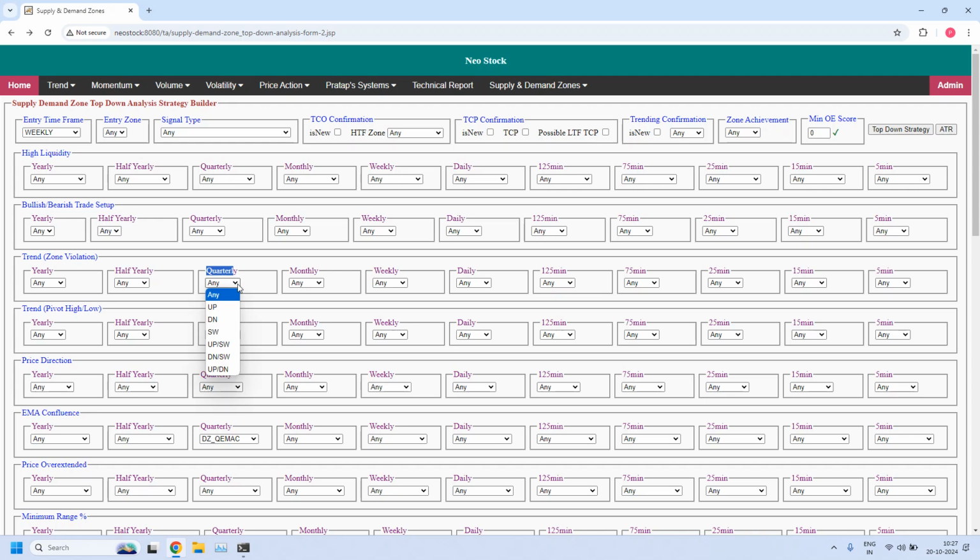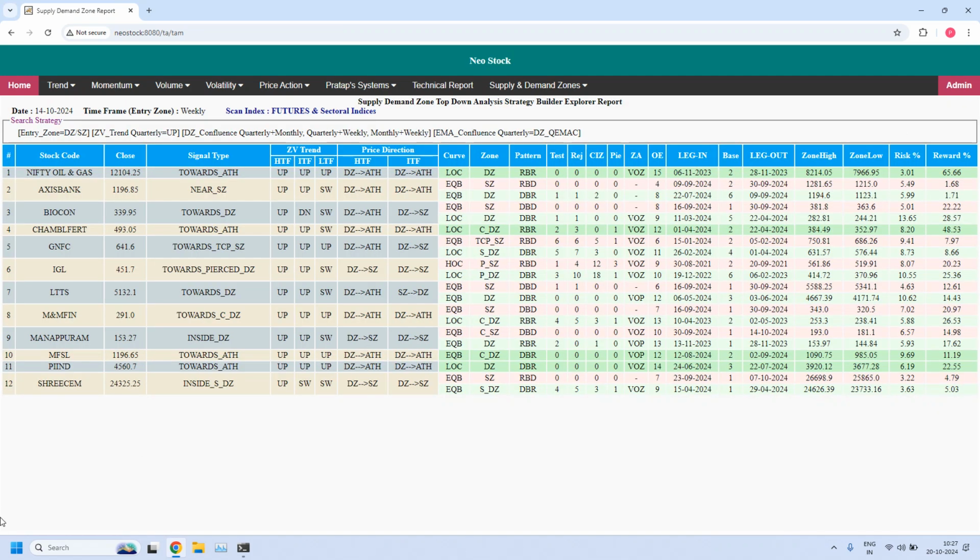So in the zone violation trend, for quarterly trend I selected uptrend. Now we got 12 stocks. In all these 12 stocks, the quarterly trend is uptrend. So this is the way different combinations of high probability setups can be identified.